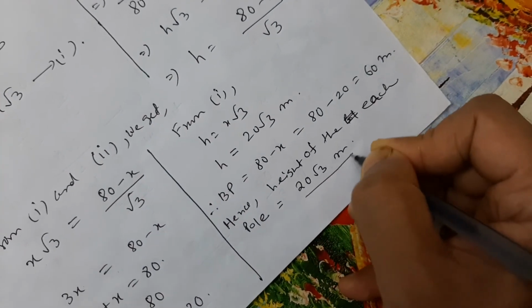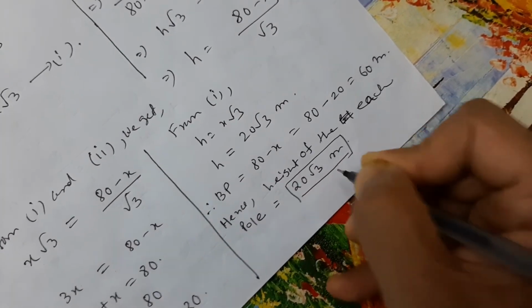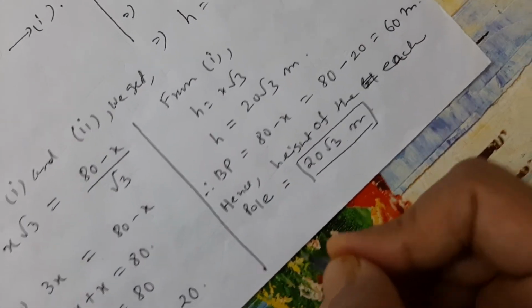That is one answer: the height of each pole is 20 root 3 meter.